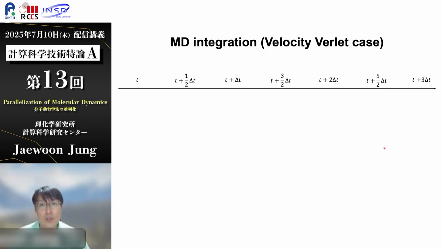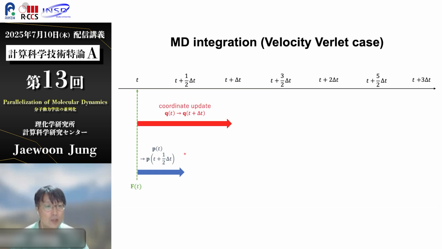I'll briefly explain the MD integration. There are several MD integration schemes, but here I'll talk about the velocity Verlet case. In velocity Verlet MD integration, first at time t, we evaluate force. Based on this force, we update our momentum from time t to t plus half delta t. Using this momentum, we update the coordinates from time t to t plus delta t. Here, delta t is a time step.